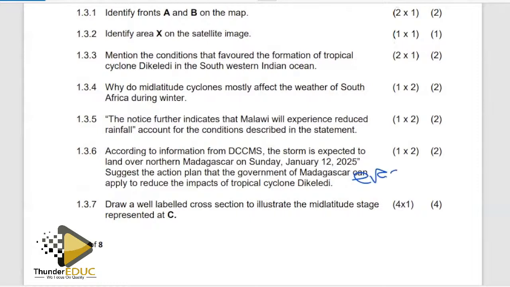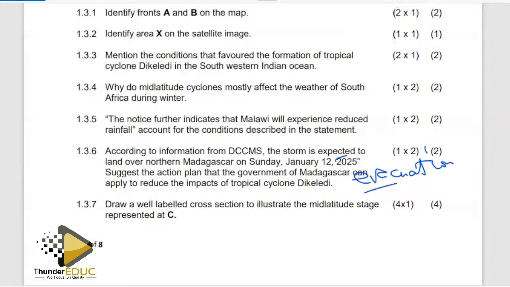We can talk of evacuation. Low-lying areas, people must be evacuated. They must be removed from low-lying areas which are prone to the dangers of flooding because of the storm. They must be put in safer areas, which are high-lying.